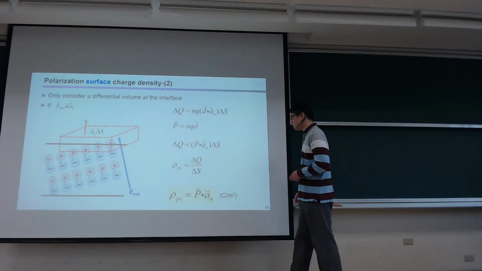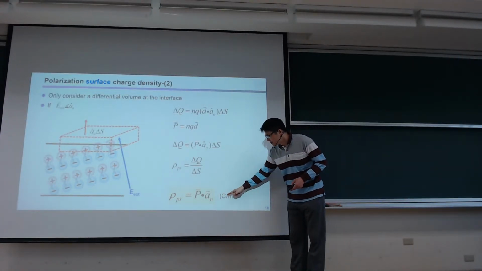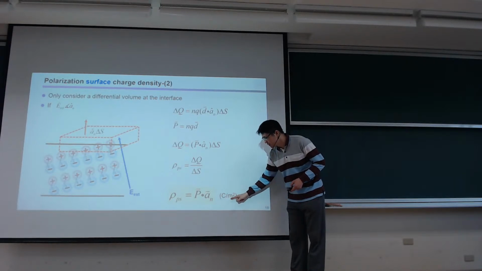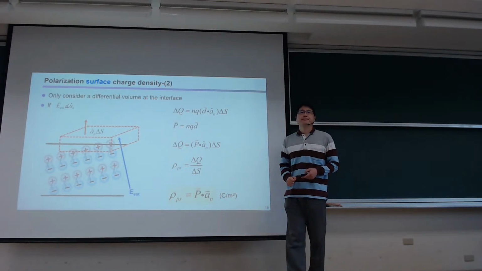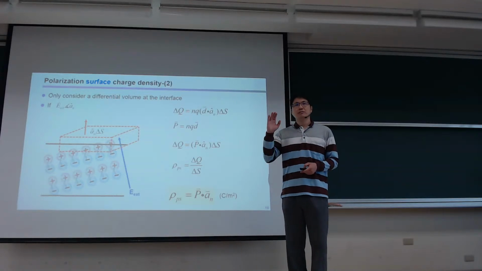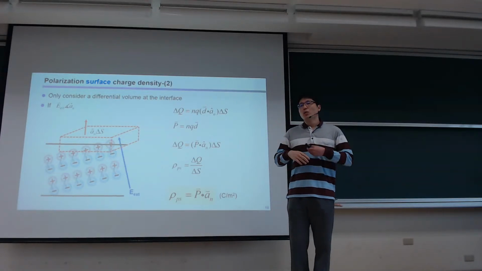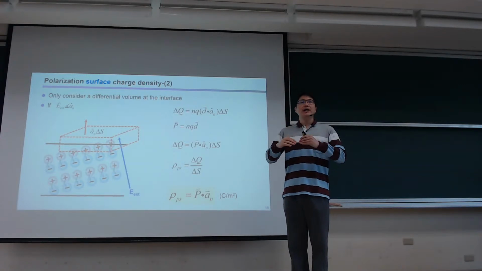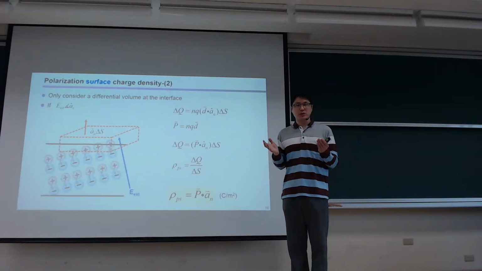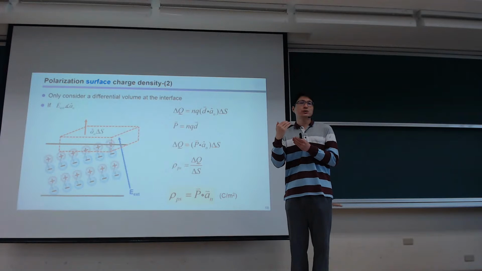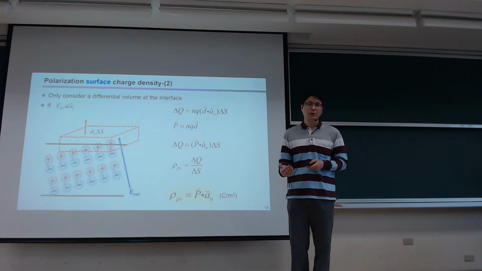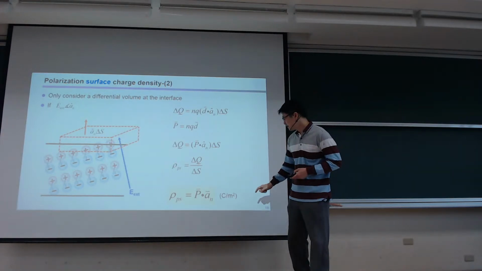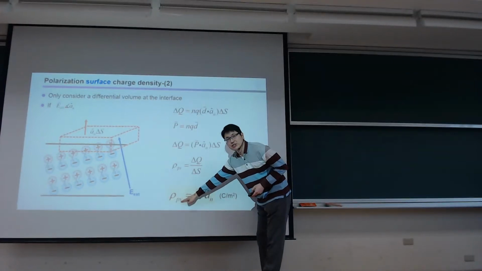Okay? Again, the unit is Coulomb divided by meter squared. So this is the first term. Whenever you have induced electric dipoles, you have the potential to create a new source of charge, and that is called the surface charge density due to your polarization, rho PS. S stands for surface.